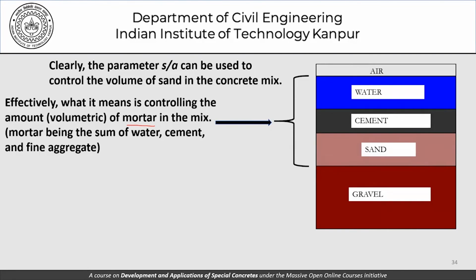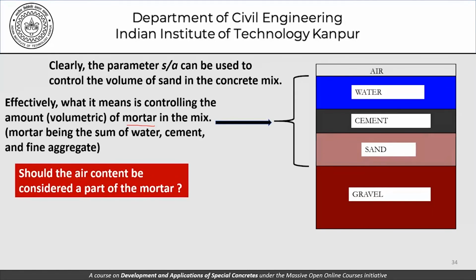Of course, air will be a part of the mortar. So if I vary my S by A, I control my sand content and through that the mortar content. The question is, should air be considered a part of mortar? I already answered it. It is. Try to think about it and convince yourself.